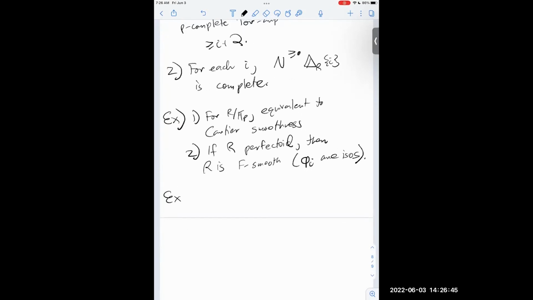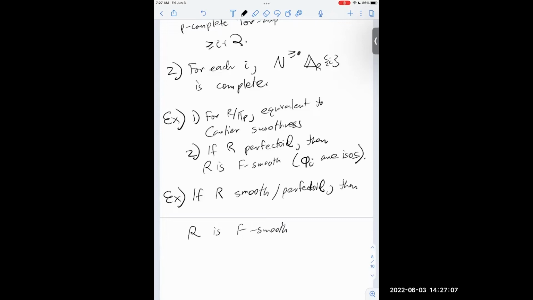Okay, so maybe more generally, if R is smooth over a perfectoid, then R is F-smooth. And this is right. If something is smooth over a perfectoid, then this is in the setting of relative prismatic homology.